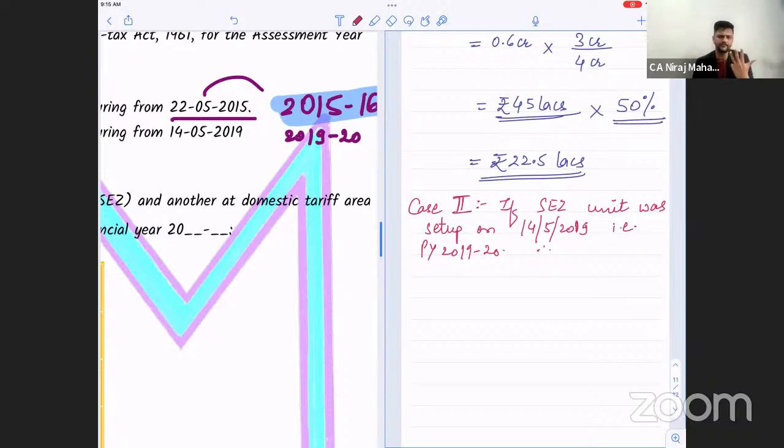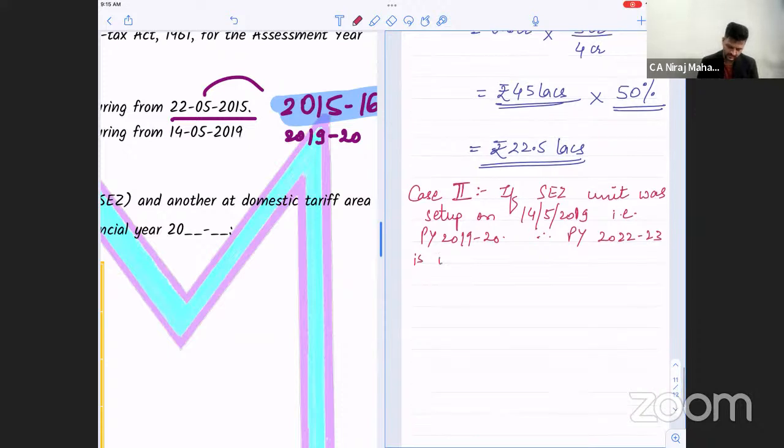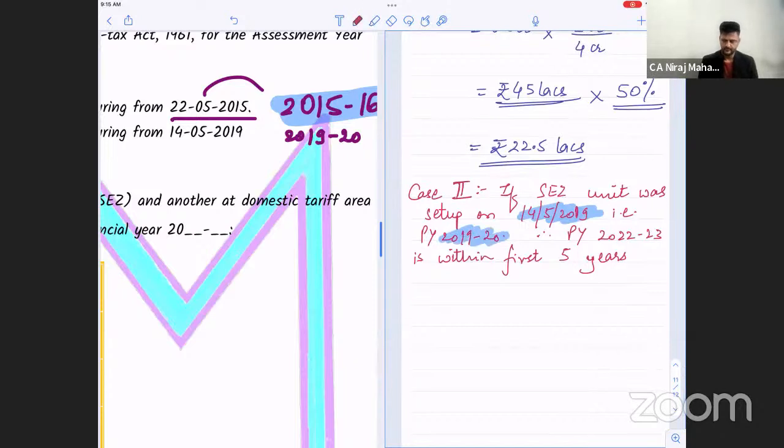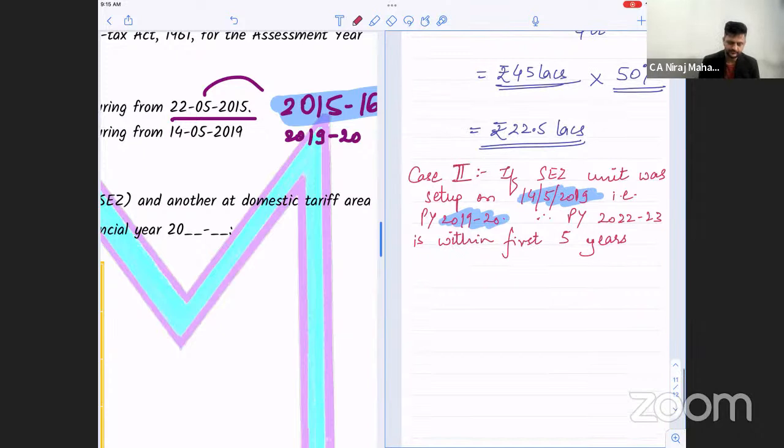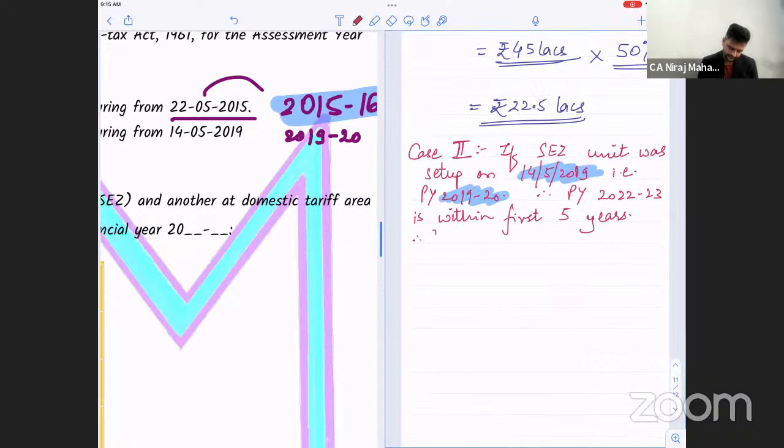PY 22-23 is falling within the first 5 years. So I hope you understood the year in which it was set up. We are taking that year as the first year. So let it be set up in March or February or January, whatever. We are taking that year as the first year. So therefore, PY 22-23 is within the first 5 years. Therefore, what is the eligible deduction now? Khushbu, 100 or 50? The eligible deduction is 100%.